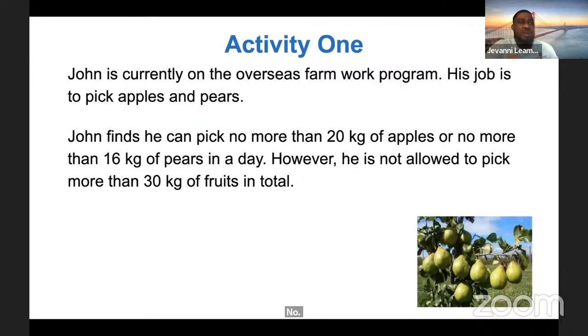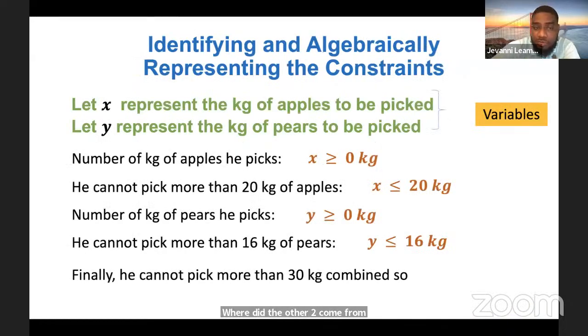So where did the other 2 come from? Sir, the other 2 was X greater than or equal to 0. Yeah, greater than or equal to. So I'm saying, why do I have these 2?